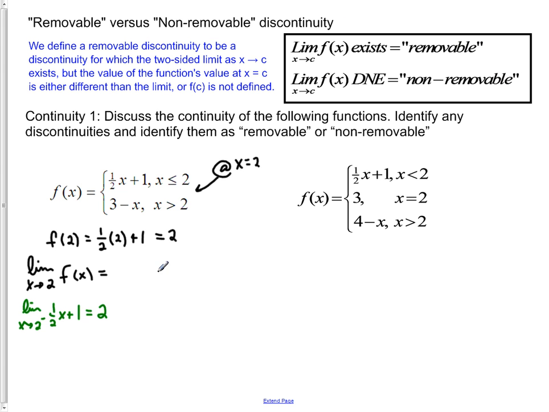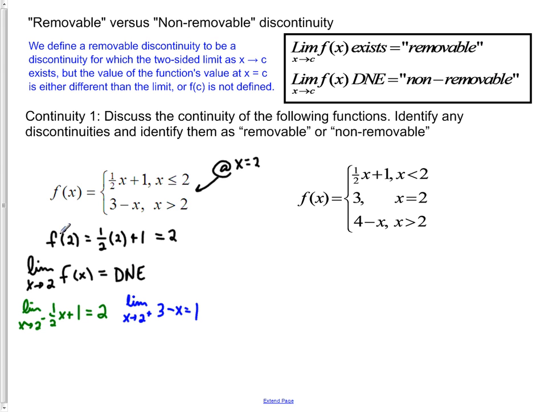On the other hand, let's take a look at our limit as x approaches 2 from the right. When we approach 2 from the right, you note that we're using the bottom part of this function, 3 minus x. And as we let x equal 2, we know we get 1. So at this point, our limit does not exist.